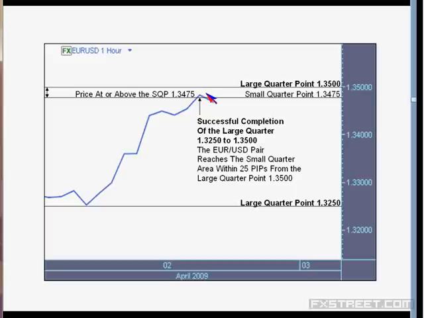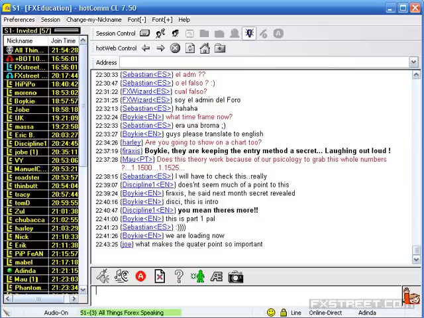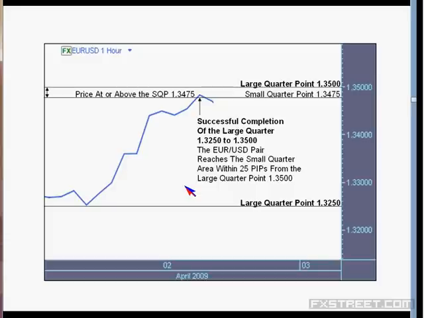Excellent question comes from Joe, who's asking, what makes the quarter points so important? What makes the quarter points important and validates them is the fact that we all use the base 10 numeral system of our world. And because currency exchange rates are also represented in numbers, the daily repetitions of these price patterns is what makes the large quarter points important.